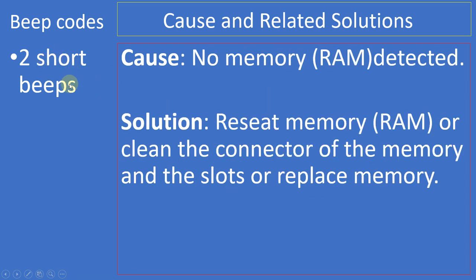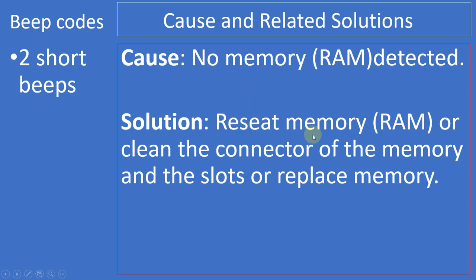Two short beeps means that the cause is no memory or RAM detected. So the solution is to reset the memory or RAM, or clean the connector of the memory and the slot, or replace the memory. If you hear two short beeps, it means the computer or laptop fails to detect RAM memory.